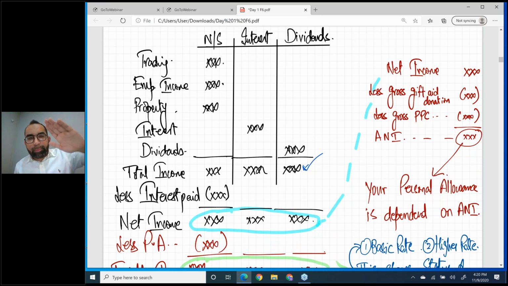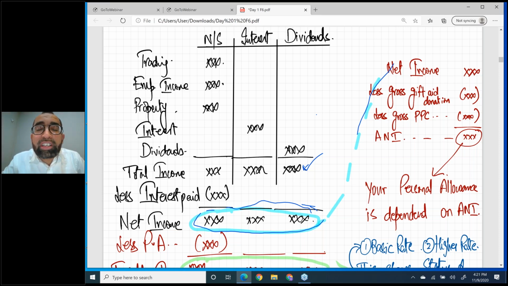At the net income, you just apply brakes. You just stop your car, and you add all your net income, and you go here. See, there is a side working. From this total net income, you deduct two things. Number one is gross gift aid donations, if given.